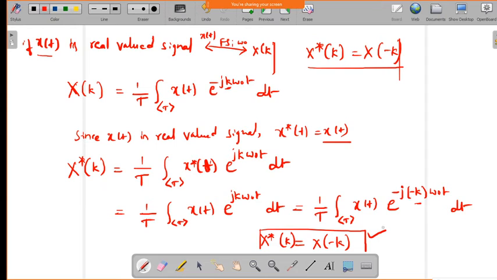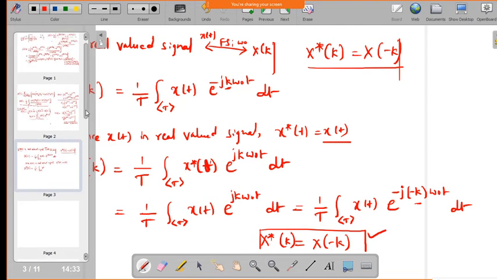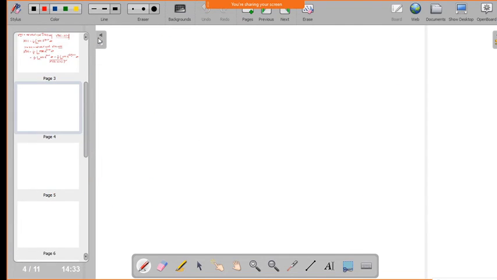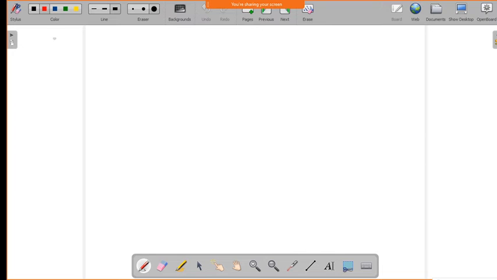Yesterday we have seen the half wave rectifier kind of thing, that sine signal. Similarly, today you can use the full wave rectifier kind of signal and try to find out the Fourier series. So the signal x of t is given as the magnitude of sine of 2 pi t. This is the x of t signal given.